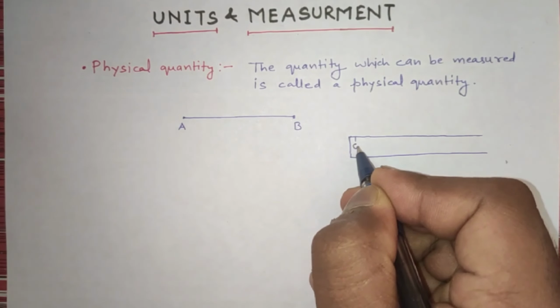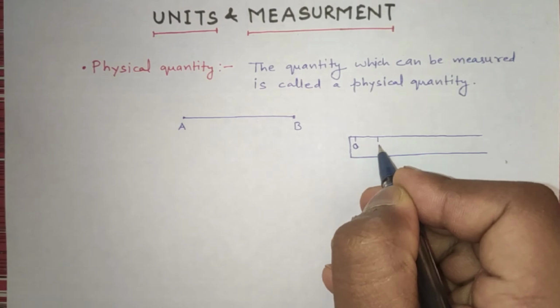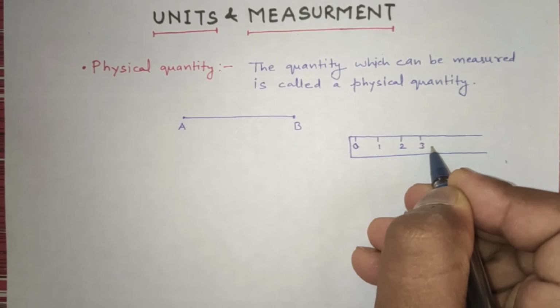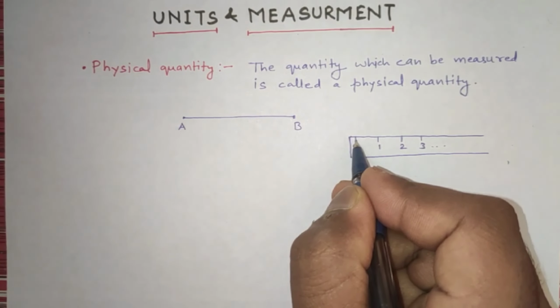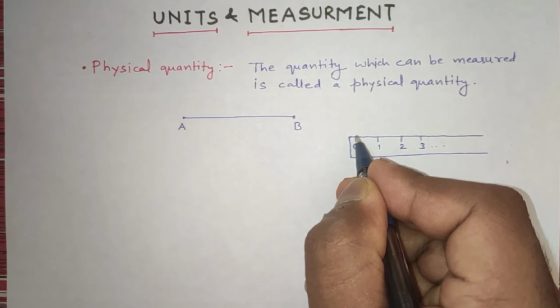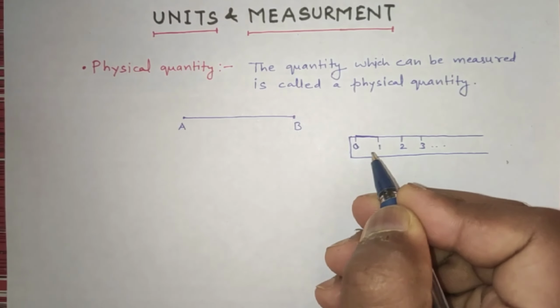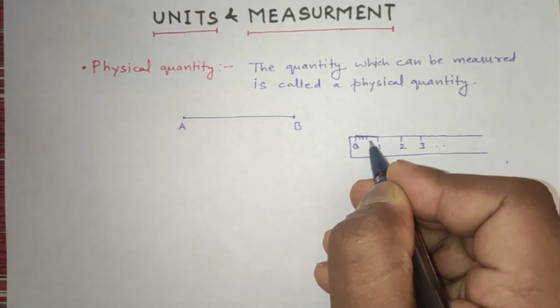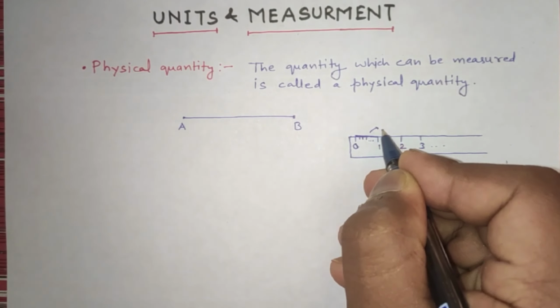The mark of 0 is here, next is 1, next is 2, and so on. Between each consecutive marks, this length is subdivided into 10 parts.